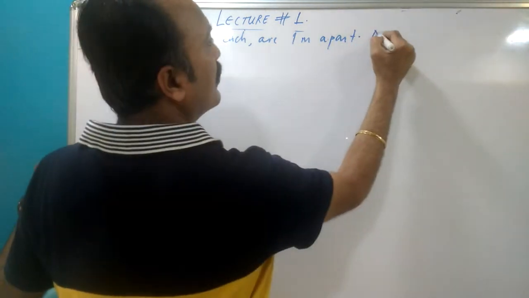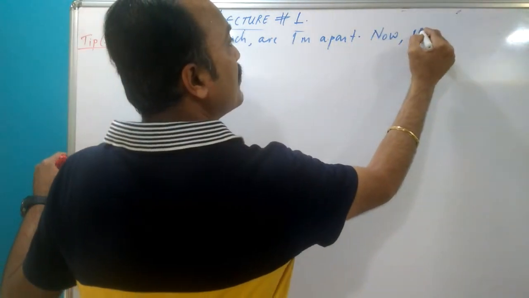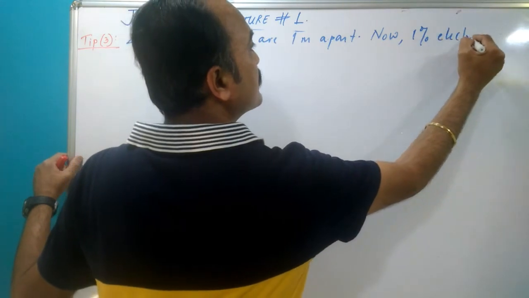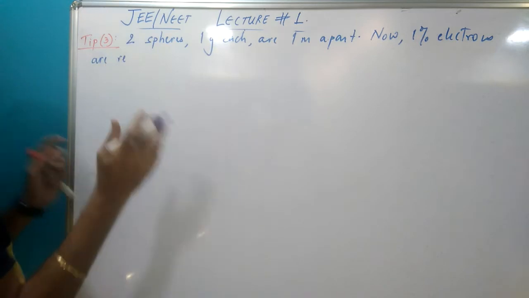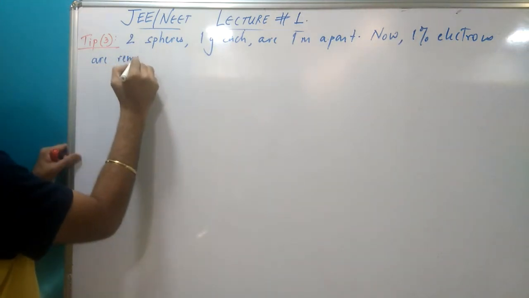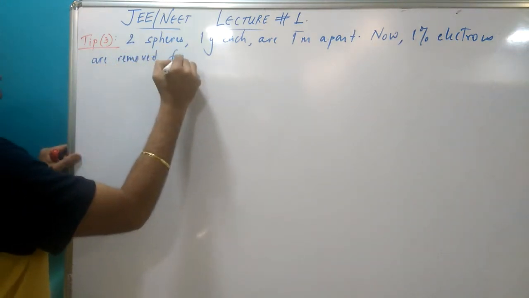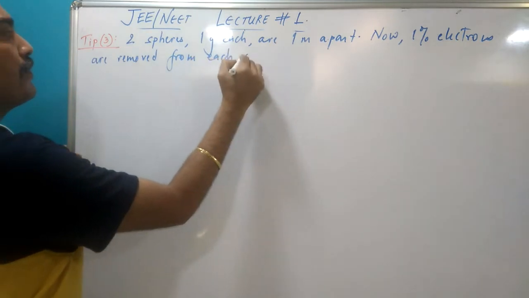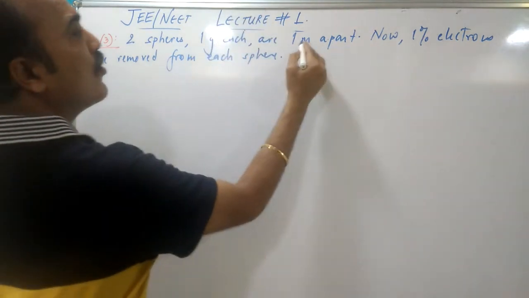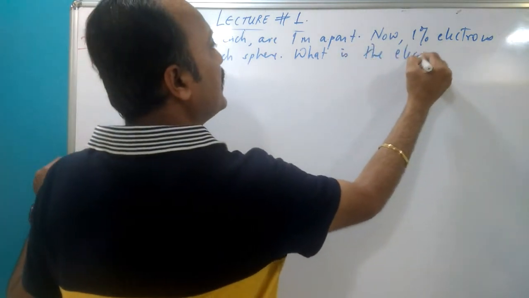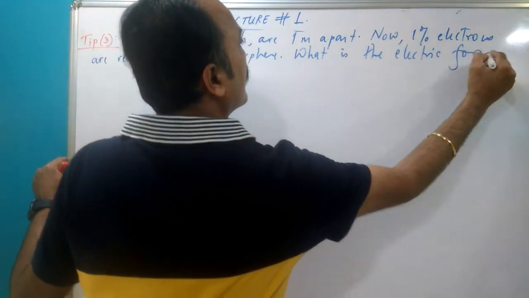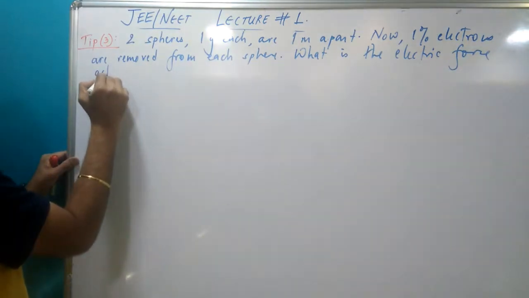Now 1% of electrons out of the total number of electrons are removed from each sphere. What is the electric force acting between them?